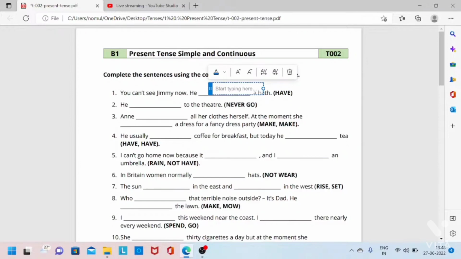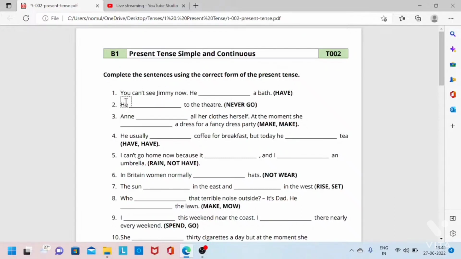Complete the sentences using the correct form of the present tense. Here they have already given us a helping word. So using the present tense, we have to correct the sentence.